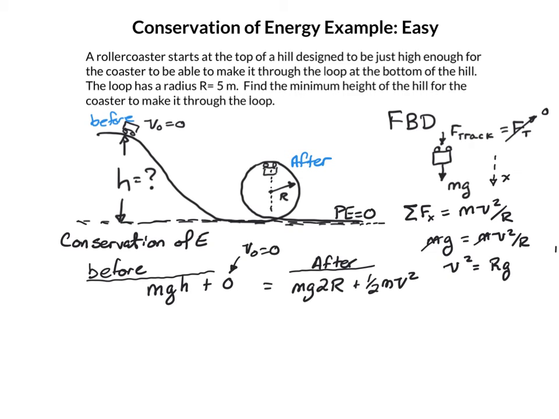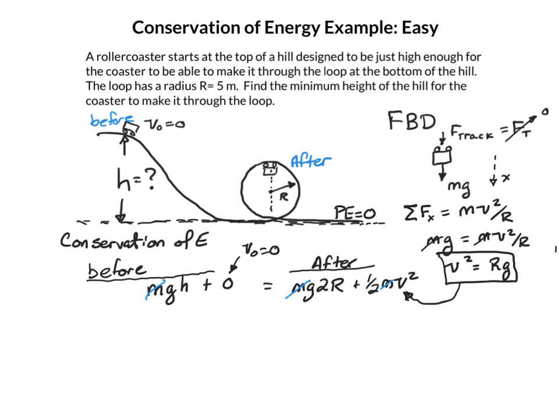Now you can see why I wanted this other v squared over here, why this particular equation was important, because I'm going to need it right there. The nice thing about this is that all the masses divide out. It doesn't matter what the mass of the car is in this problem, and it's one of the reasons it's an easy problem.